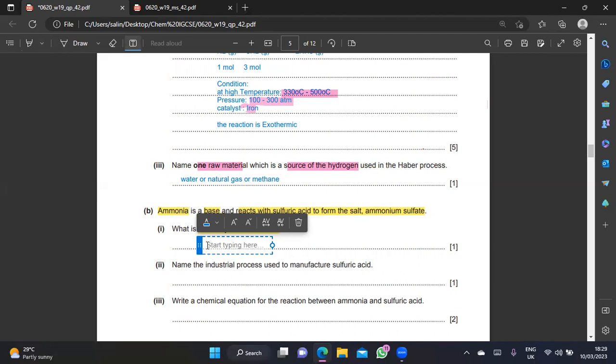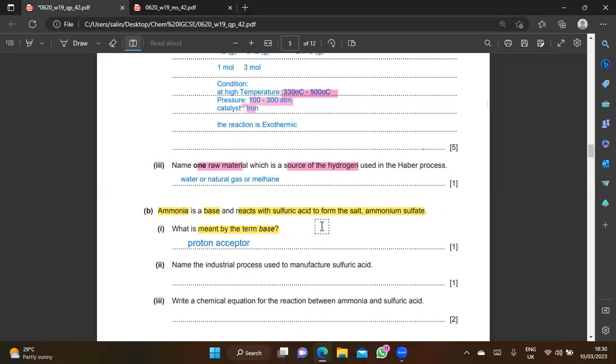Okay. You can answer using proton donor or proton acceptor. This is one of the best answers. When you want to explain the meaning of base or alkali, talk about the proton. So a base is actually a proton acceptor.